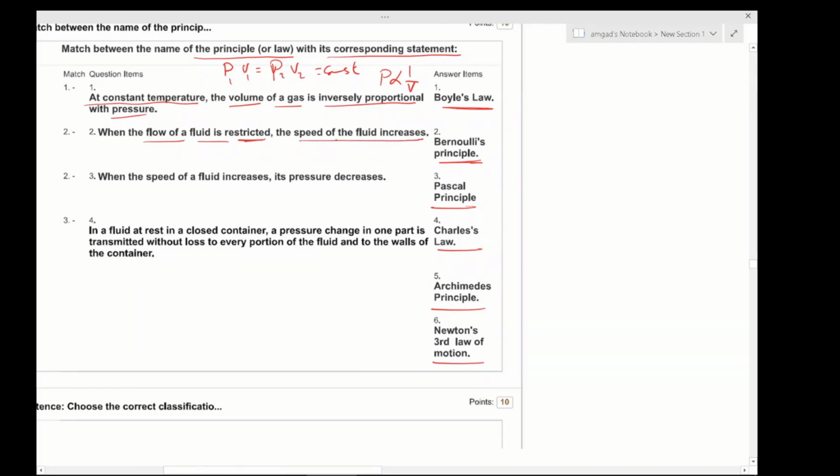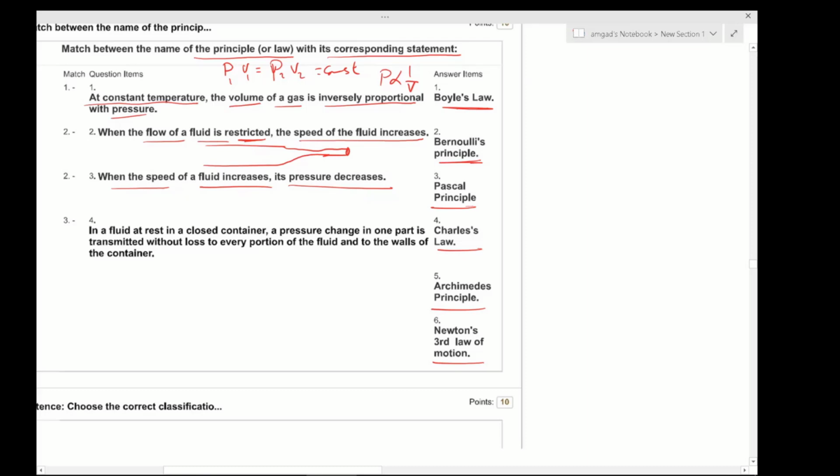When the flow of the fluid is restricted, the speed increases. That's Bernoulli. If you have a tube and the fluid goes to a smaller tube, the speed increases. When the speed of the fluid increases, its pressure decreases. Pascal? It's the same, Bernoulli.